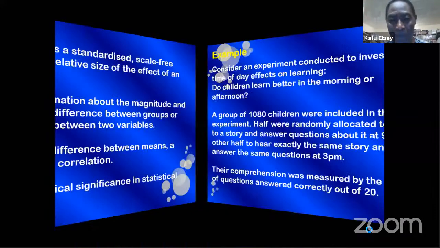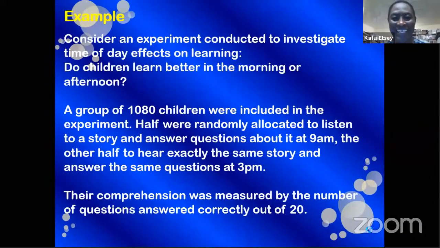Let's look at an example. Now we are going to look at an experiment that investigated the time of day effect on learning. And the question here is, do children learn better in the morning or in the afternoon? We had a group of 1,080 children who were included in the experiment.